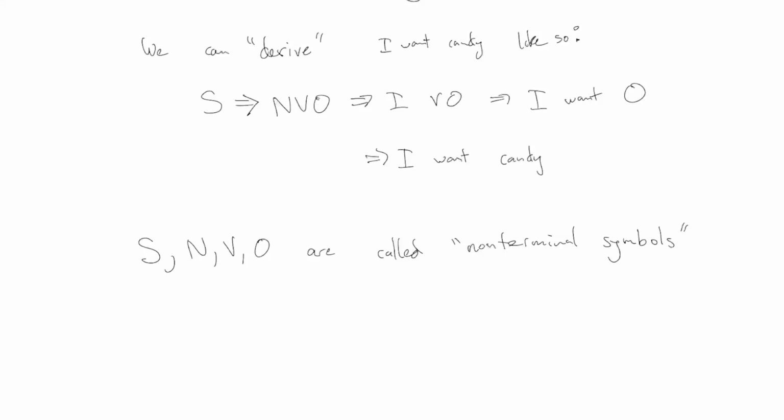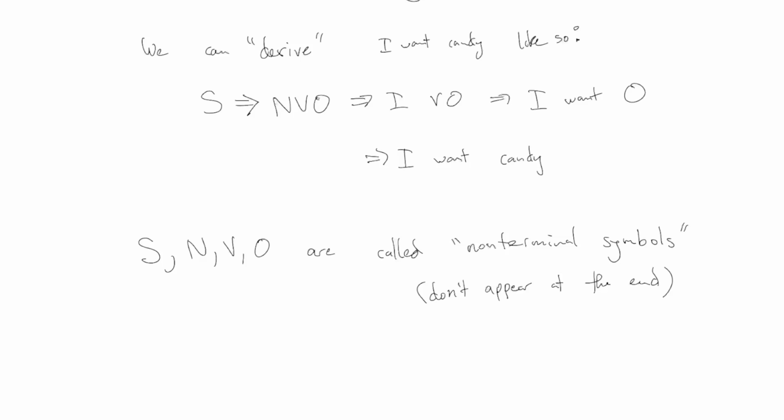They are not meant to end up at the end. You're not supposed to see them at the end. That's why it's called non-terminal, terminal meaning at the end. If you still see them, it means you're not done with the derivation yet. You have to keep on substituting.